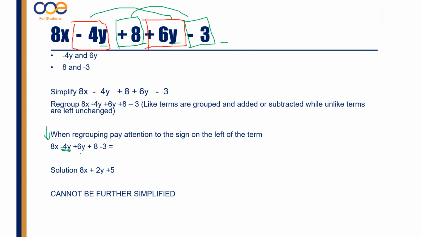So we move the 6y beside the 4y, and technically you're also moving the 8 as well, but it automatically comes along when you move the 6. Afterwards, you can perform operations on like terms.